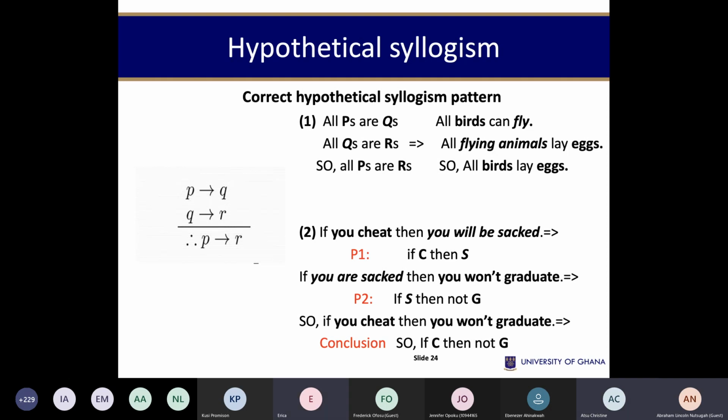In the first premise, you have just P and Q. Now, in the second premise, we've introduced another variable, which is R. All flying animals lay eggs. That is another thing, lay eggs, the R. So to have a logical pattern with all these three variables, they must be written in a particular way. And to follow that validly, you have to follow the rule of hypothetical syllogism.